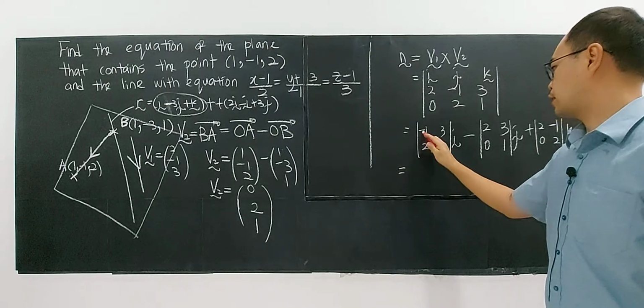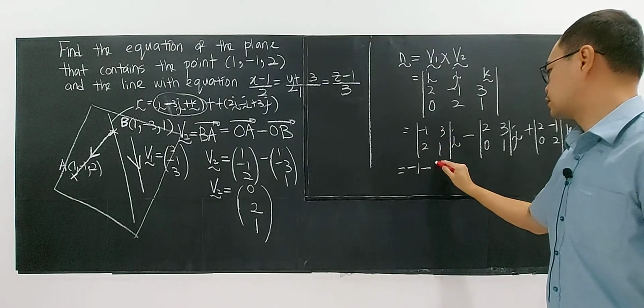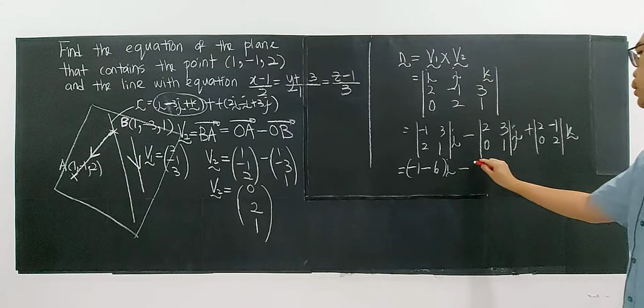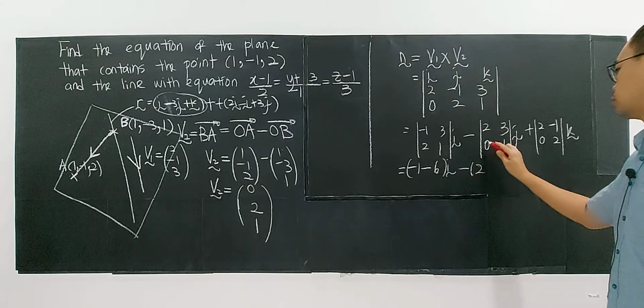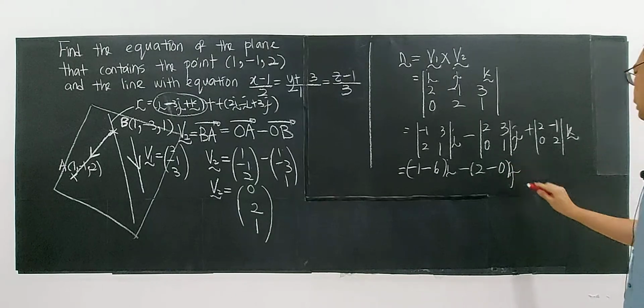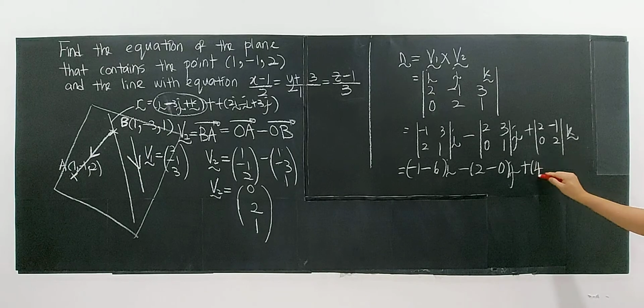So then we calculate: for i, negative 1 minus 2 times 3, which is 6. For j, 2 times 1, 2, minus 0 times 3, 0. For k, 2 times 2, 4, minus 0.